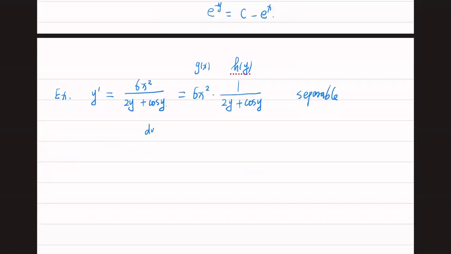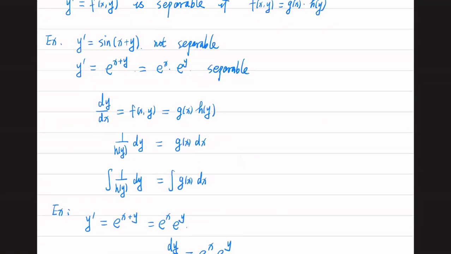So dy/dx equals 6x squared over... Sophia, how do you separate this equation? Not the derivative, separate, like what we have done before.